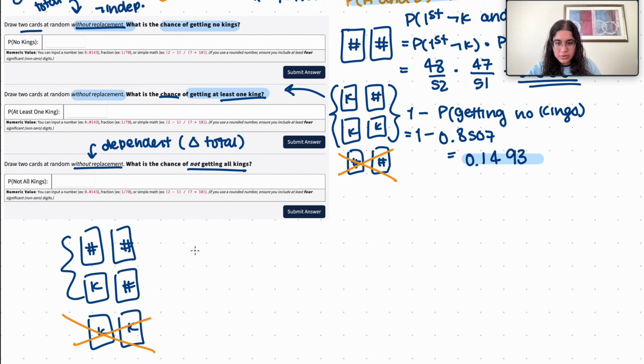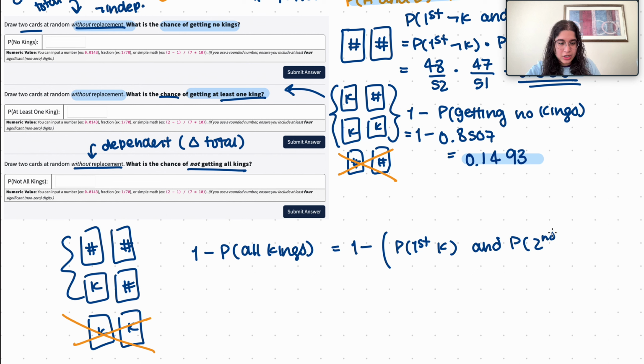So what we can do here is use 1 minus the probability of getting all kings, which is 1 minus the probability that my first card is a king and the probability that my second card is a king given my first is a king, because again, we're dealing with dependent events.